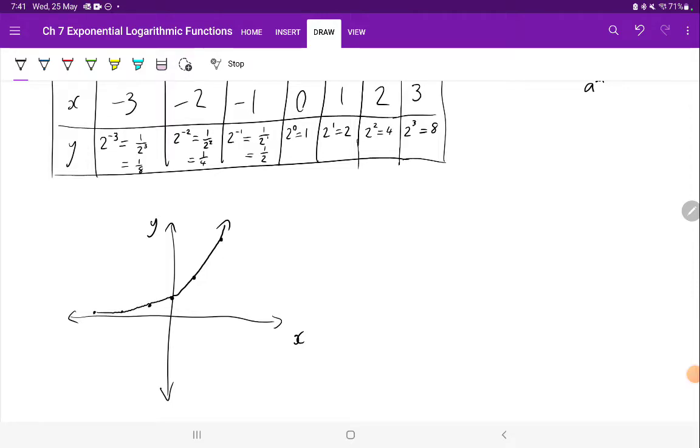So let me just label the points. You can see these are the points that we end up finding on this line, y equals 2 to the x. And you notice it's sort of increasing on the positive side, but on the left-hand side, it's getting really close to the x-axis, but it's never actually going to reach the x-axis. Remember, we call this asymptotic behavior.